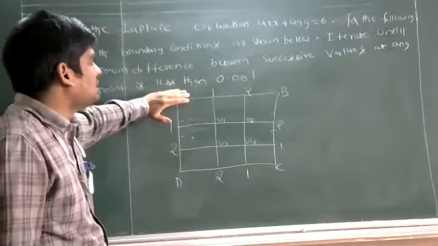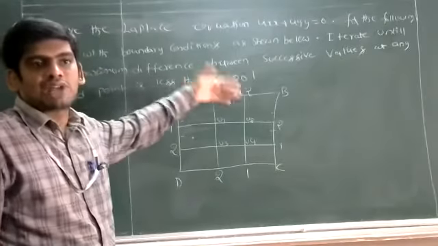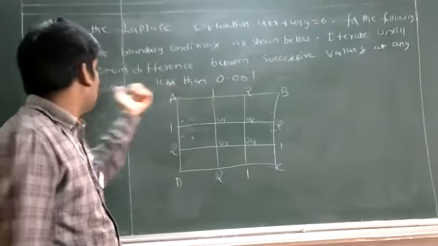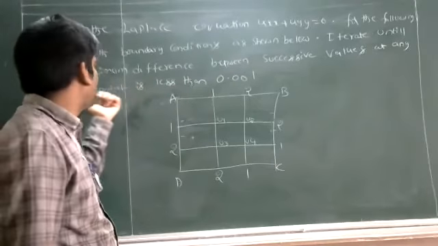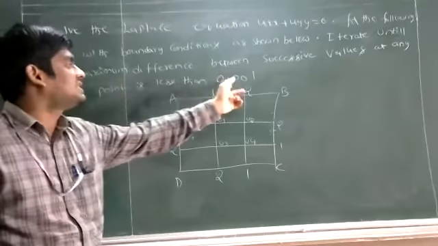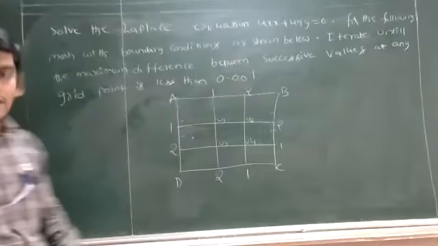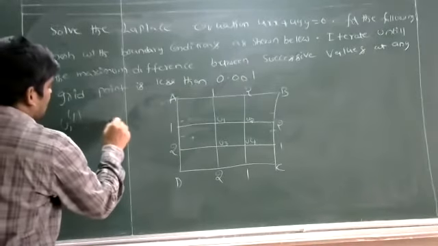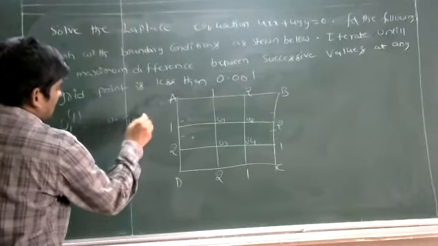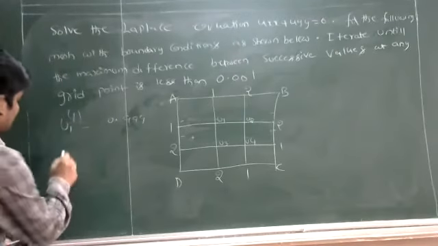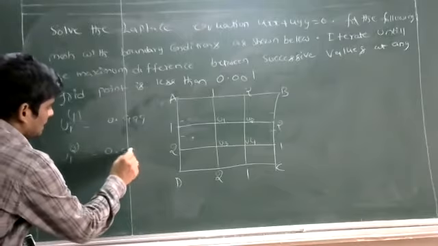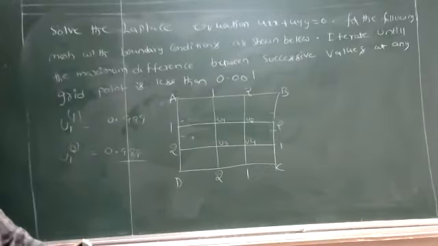Next, when we start the iteration process, the difference between any two successive points is 0.001. Suppose in the first iteration you get the value 0.999, and in the second iteration you get 0.988.